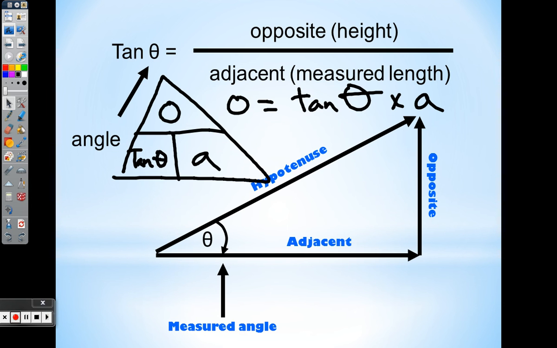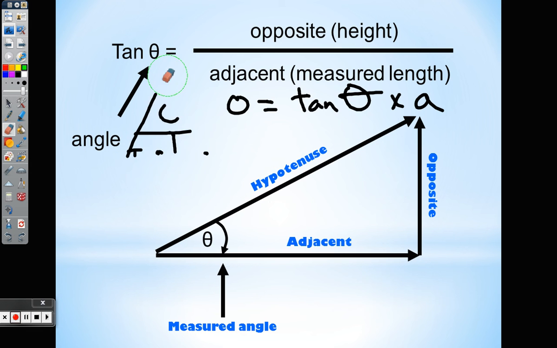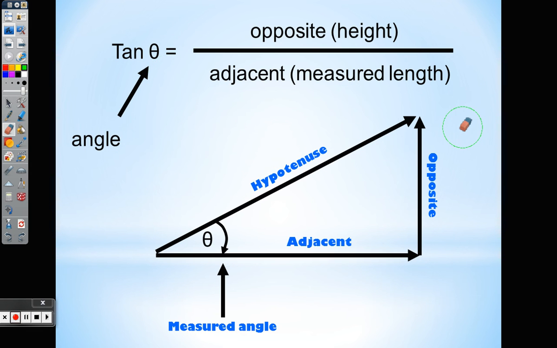Now, in our example of the tree and the guy, we're going to figure out that the angle is 40 degrees and he is 100 meters away. So label your measured angle 40 degrees and your adjacent is 100 meters.